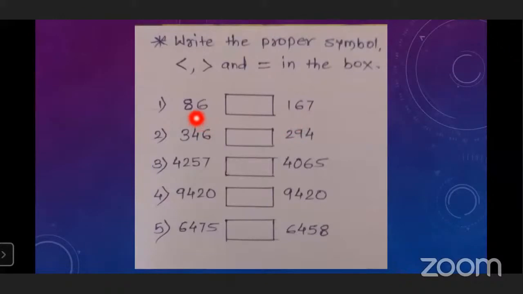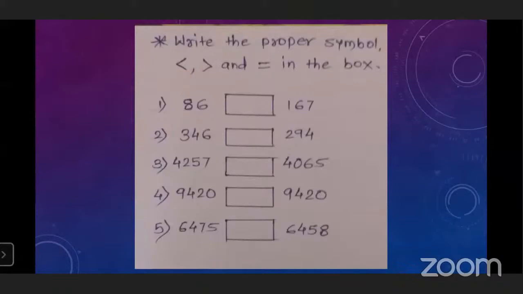If you want to use one of these three symbols, first of all you should know how to find which number is smaller and which number is greater or bigger. Only then can you use these signs.